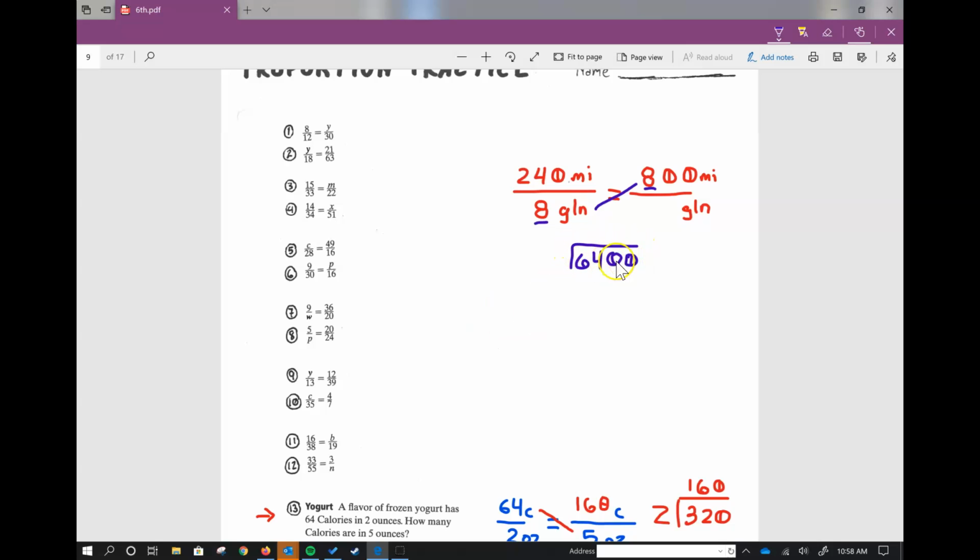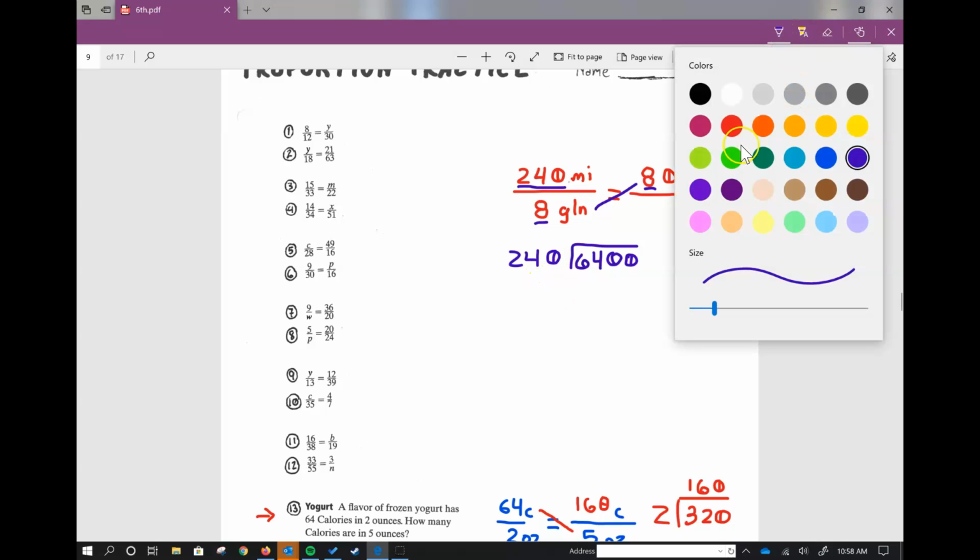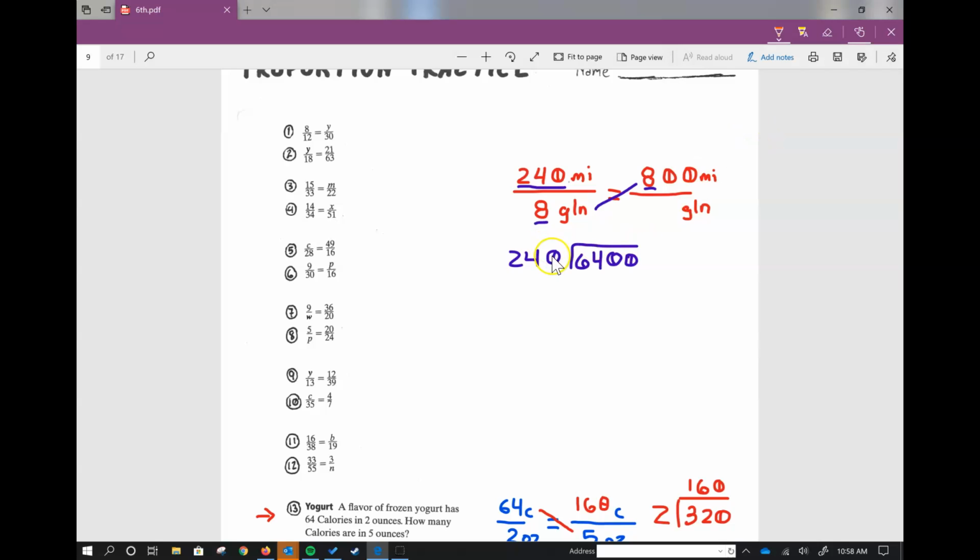Then, once we have that product, that multiplication answer, we're going to divide by the number we haven't used yet, which is 240. Okay, another shortcut we're going to do here. We talked about this the other day. If both of these end in a 0, here's 1 0, another 0, we can get rid of those zeros. Make this a little easier to deal with.